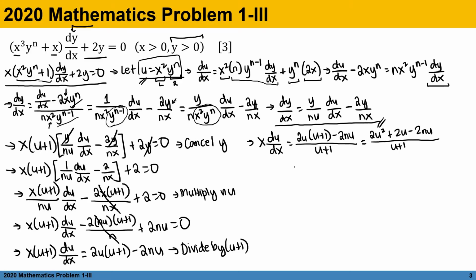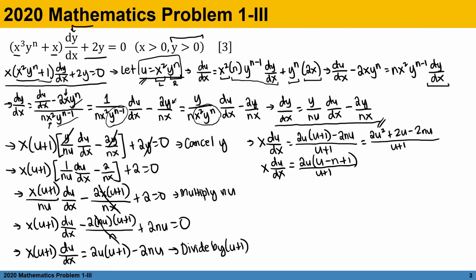Or we can factor out the numerator as 2u times (u minus n plus 1) all over u plus 1. So this is equal to x du over dx.